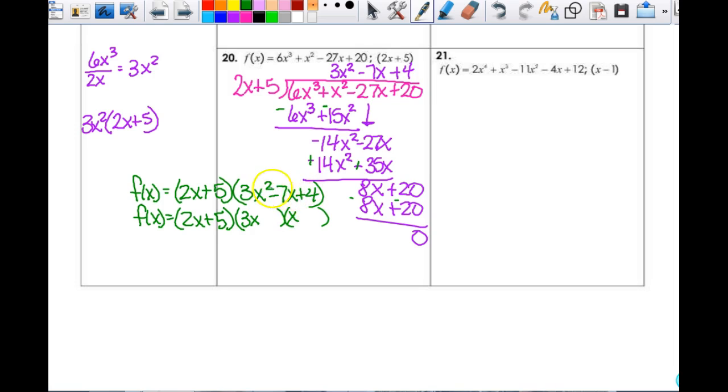The signs are the same, and they're both negative, so minus. Four goes first or second? First, and then 1. So my zeros: my smallest one is negative 5/2, then 1, and then, not negative, I'm sorry, just 4/3.